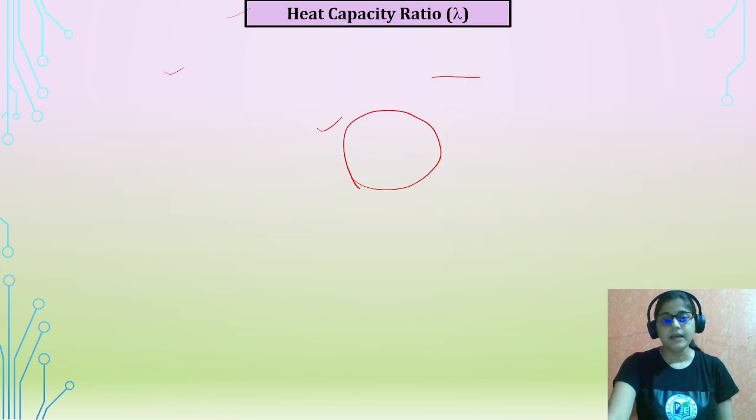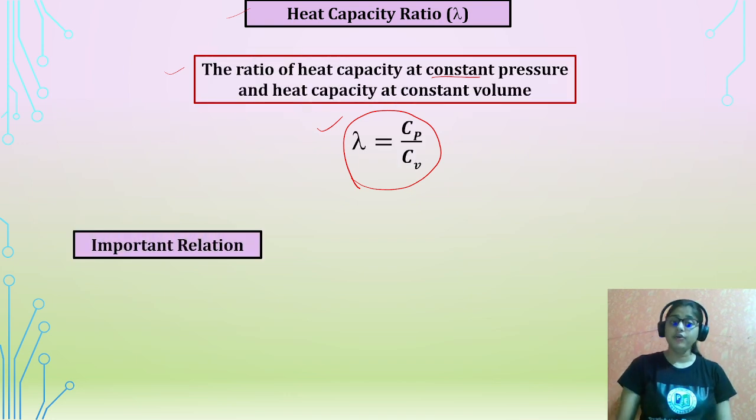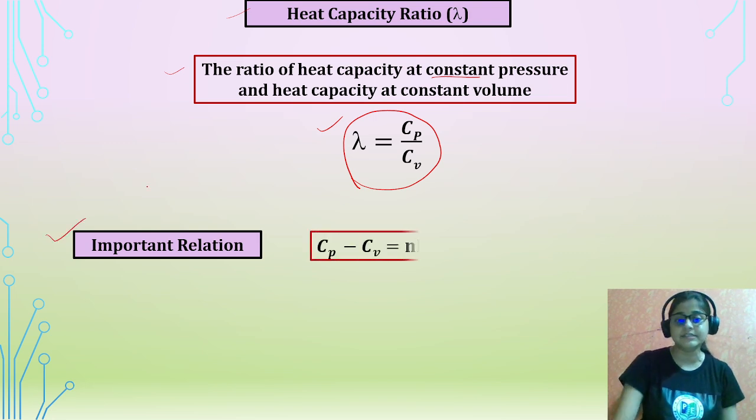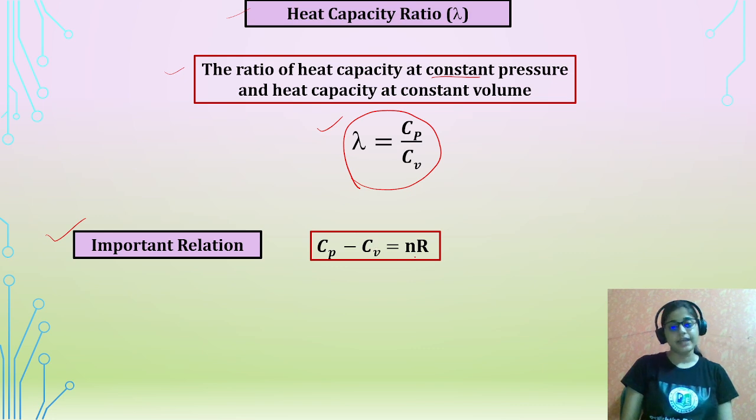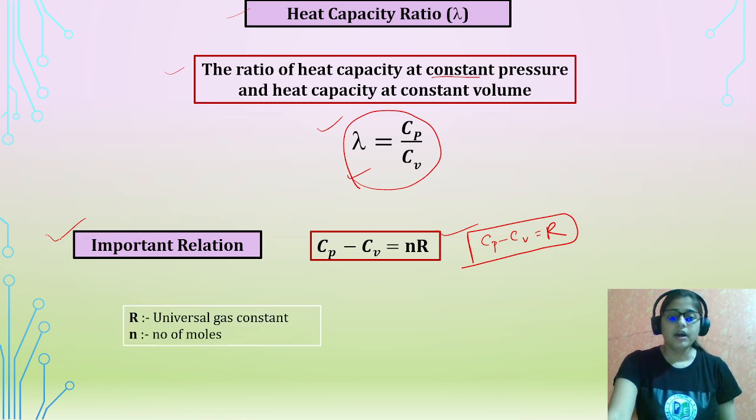Now the ratio we know, and one more important relation between Cp and Cv is Cp minus Cv equal to nR for n number of moles, and generally Cp minus Cv equal to R. So this is also important. Please remember these four formulas: 1, 2 and 3, 4 were in the previous slide. Now, what is R? Universal gas constant, and n is the number of moles.